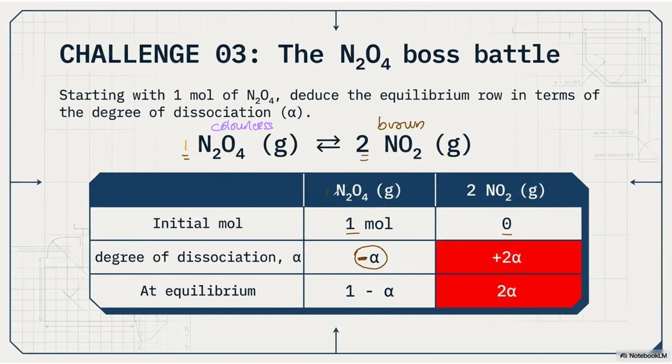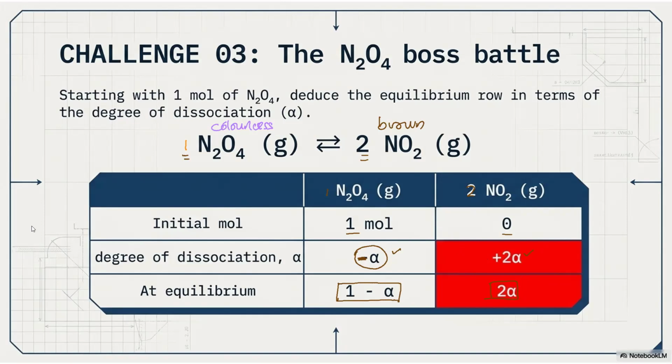Stoichiometrically, because 1 N2O4 forms 2 NO2, if here it is minus alpha, then NO2 will be plus 2 alpha. So at equilibrium, the N2O4 remaining will be 1 minus alpha, whereas the NO2 formed will be 2 alpha.